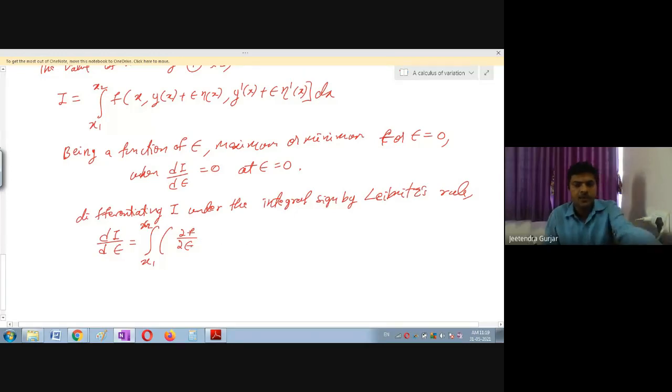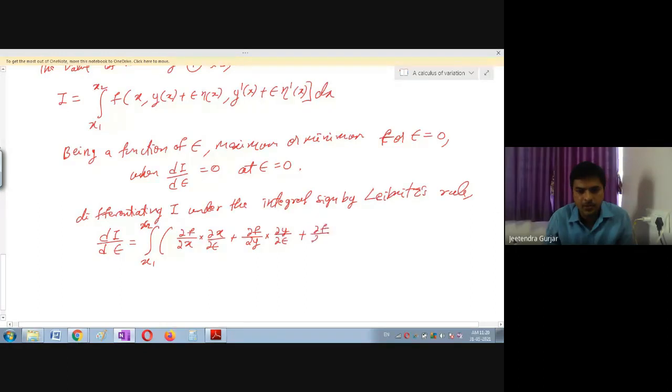So when we differentiate x with respect to epsilon, I will take dou f upon dou x into dou x upon dou epsilon, plus dou f upon dou y into dou y upon dou epsilon, plus, since the y dash function is there, dou f upon dou y dash into dou y dash upon dou epsilon, friends.